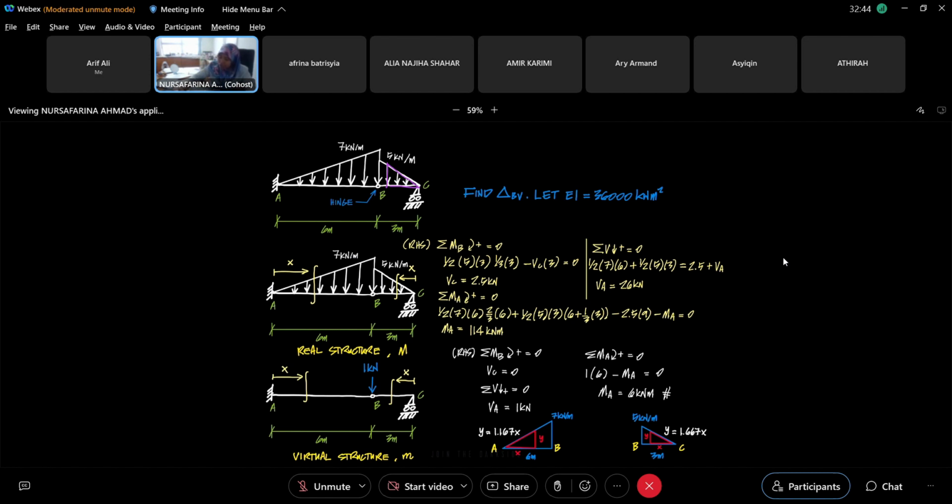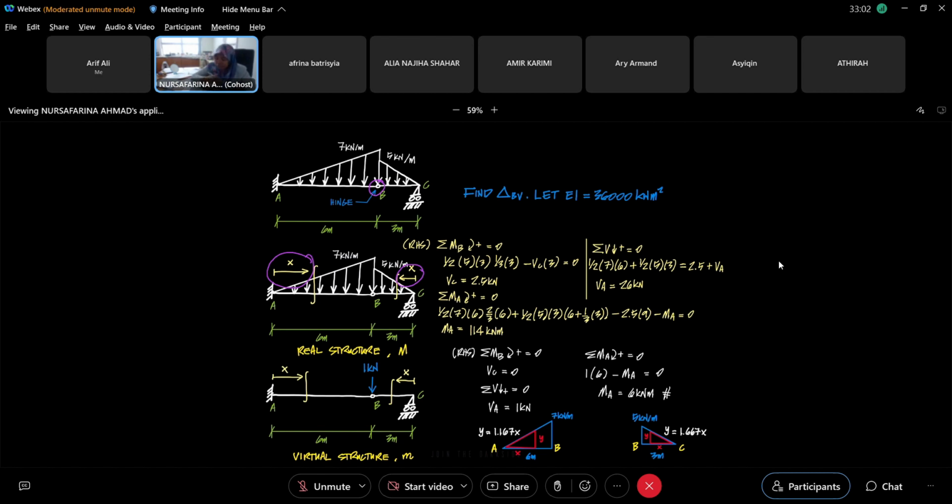So in here, we cut for both direction. Kalau you nampak, we cut left hand side, right hand side dengan left hand side. In this case, kita ada hinge.